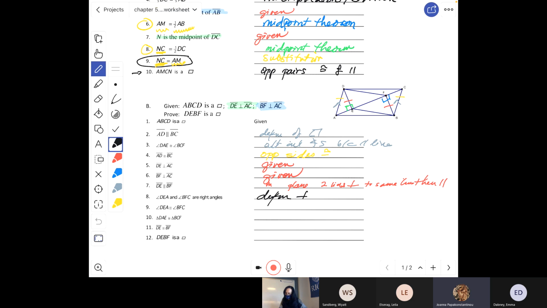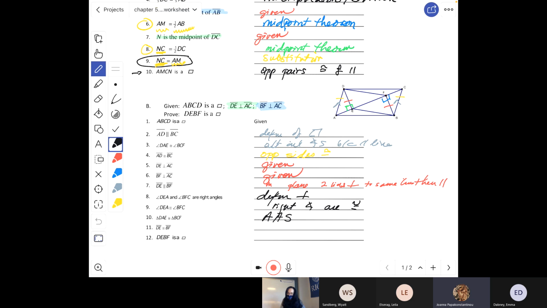How do we know those are congruent? Beautiful. Right angles are congruent. And then triangle DAE is congruent to triangle BCF. Excellent. Angle, side.